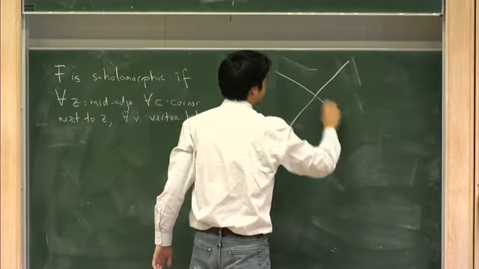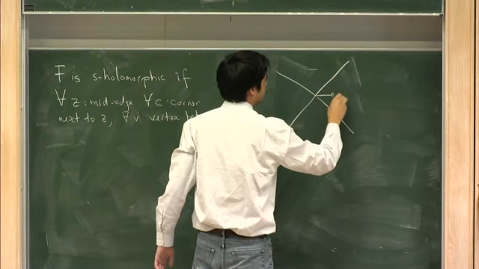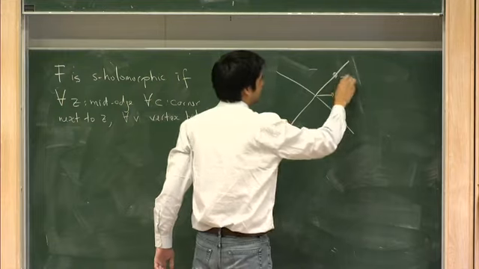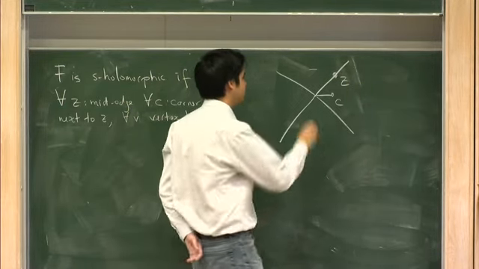You have your squares, you have a corner C, you have a mid-edge z and a vertex v.